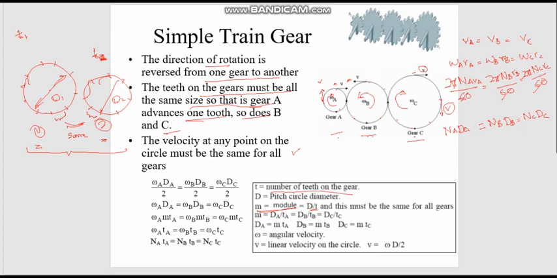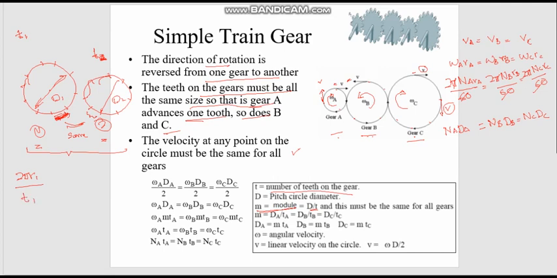If I want to find the space between the teeth, this arc, I can define that as the circumference, 2 pi r1, divided by the number of teeth T1.